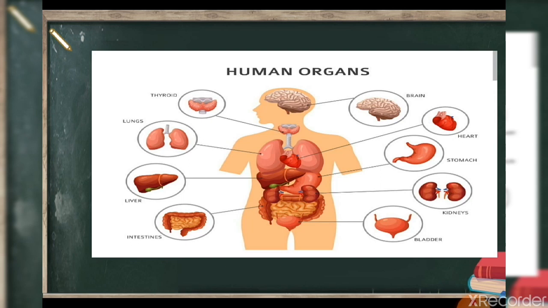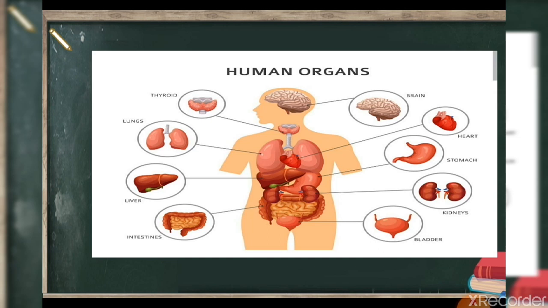So when two or more organs work together, they make an organ system. Like the digestive system, muscular system, respiratory system, skeletal system, many different types of systems are present in our body. So in this chapter we will discuss the skeletal system.